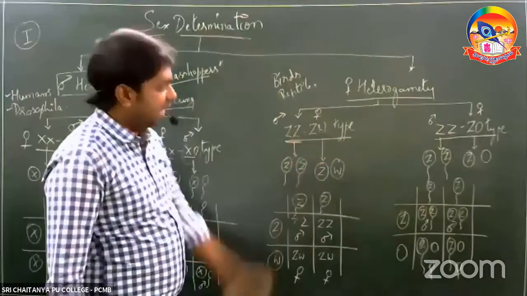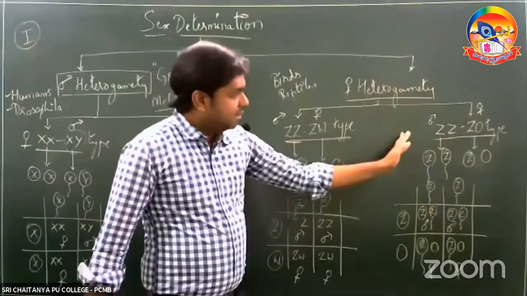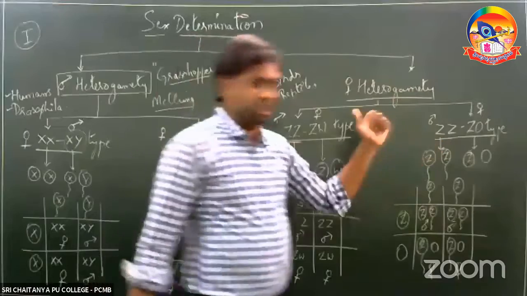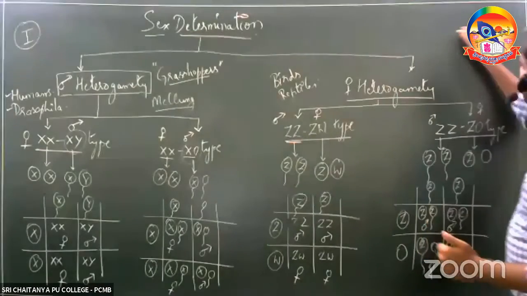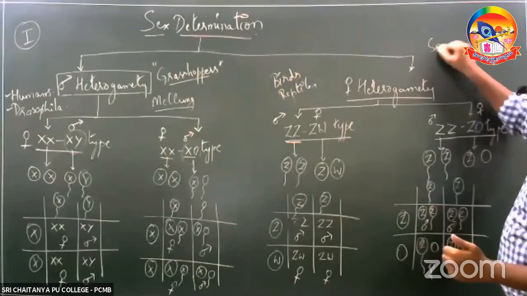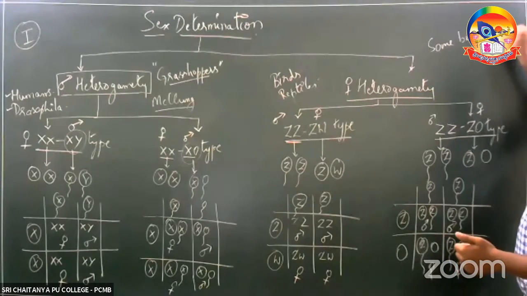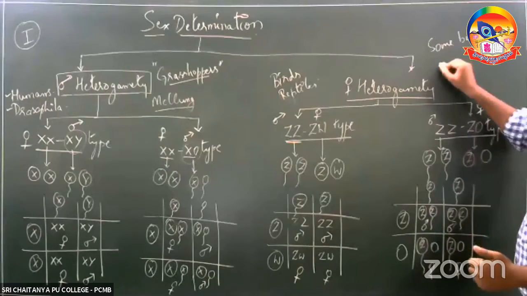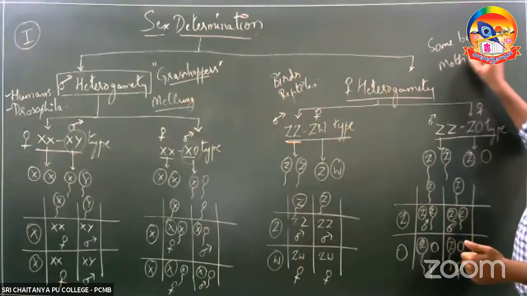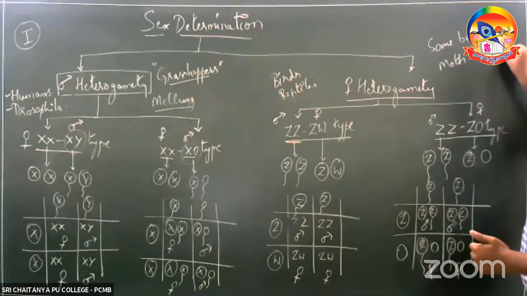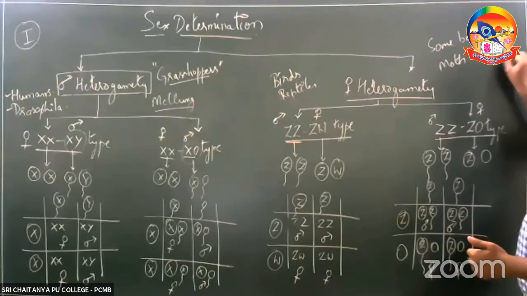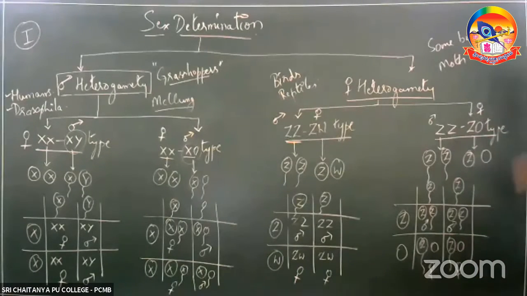This type of sex determination, that is ZZ and Z0 type, is actually seen in a few butterflies, right? Some butterflies show this sort of sex determination, and there is also a moth by the name Fumea. The Fumea moth again shows this ZZ, Z0 type of sex determination.